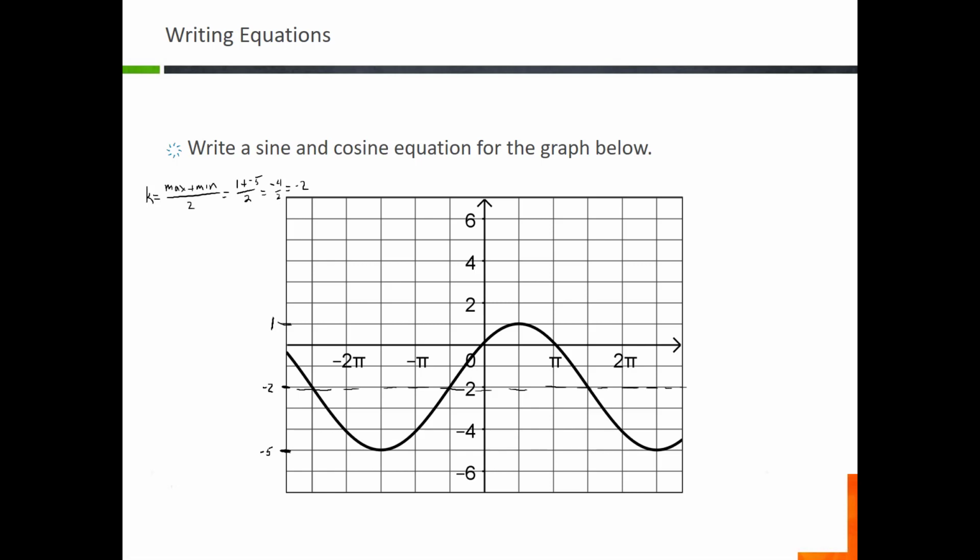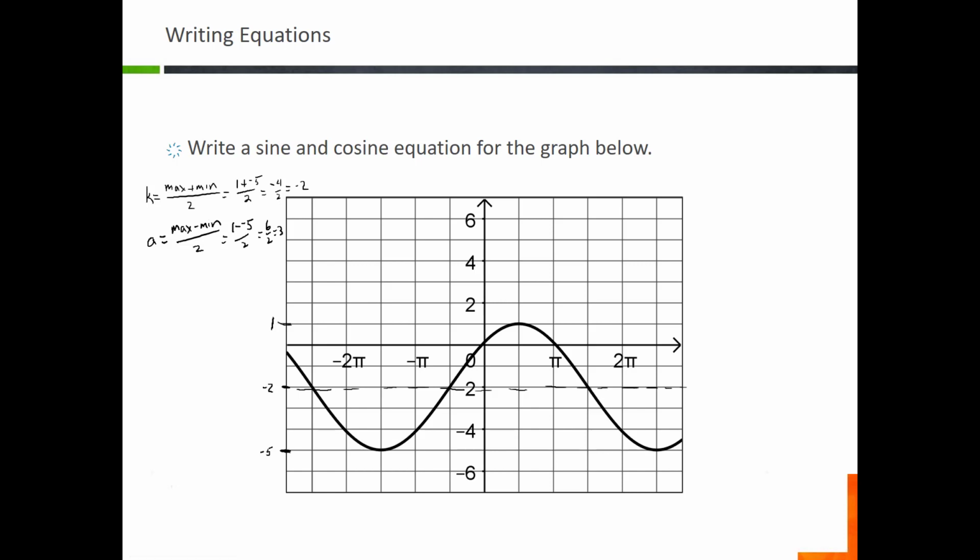All right. We then want to find the amplitude. I think it was very similar. So the amplitude is the difference between your max and your min, over 2, which in this case would be 1 minus -5 over 2, which turns out to be 6 over 2, or 3.